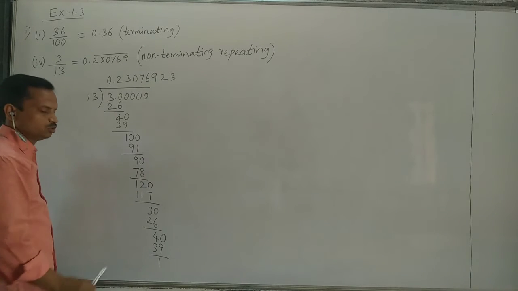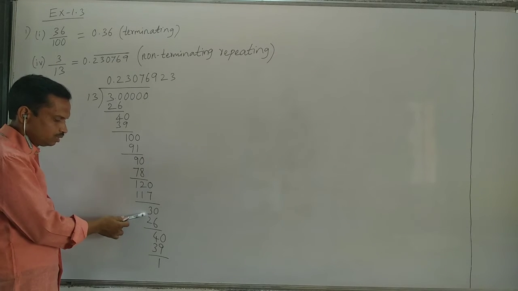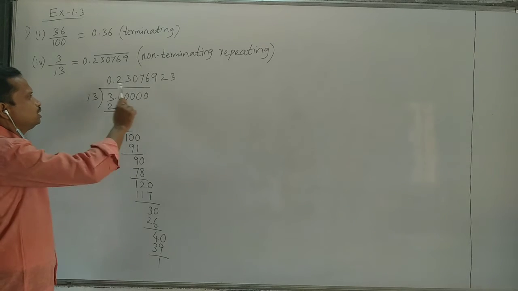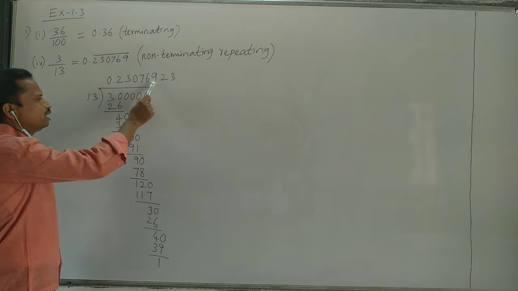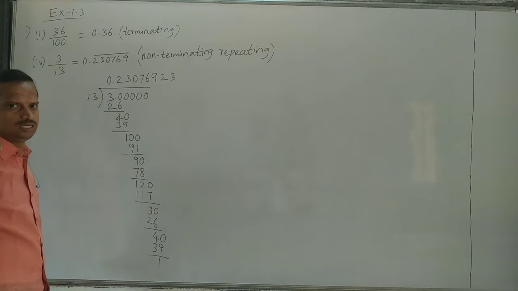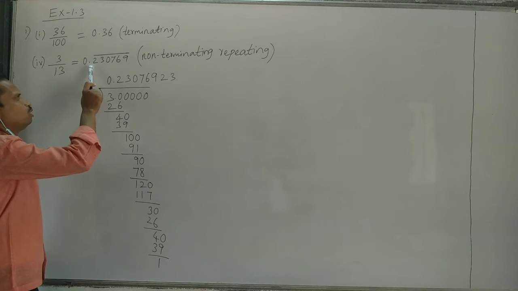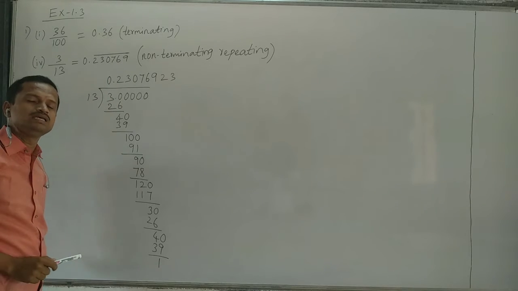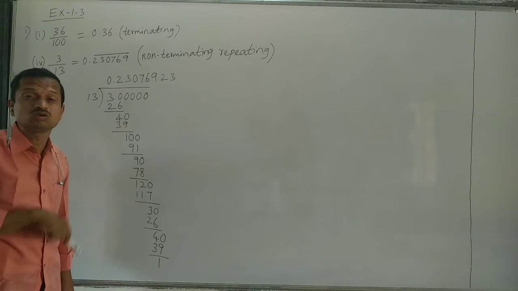So you can stop up to that. If you get the same remainder, you can stop there, and you see 230769, again 230769, like that it proceeds. So you can put a bar like this. After the point, 1, 2, 3, 4, 5, 6. How many digits are repeating? 6 digits are repeating.